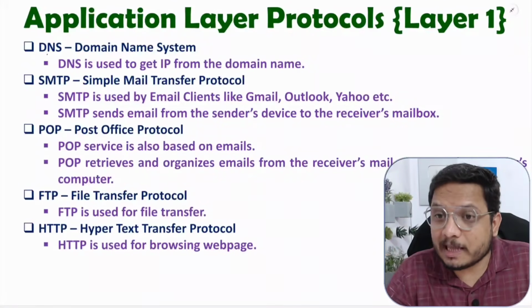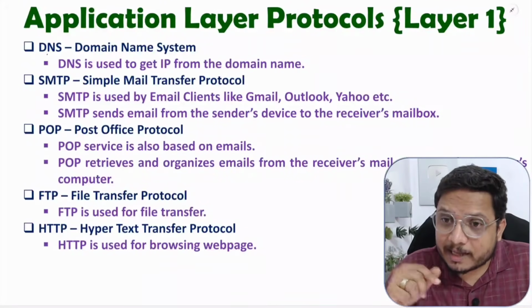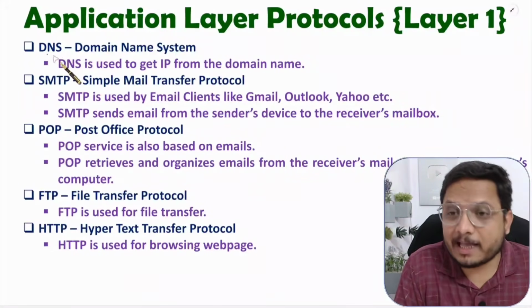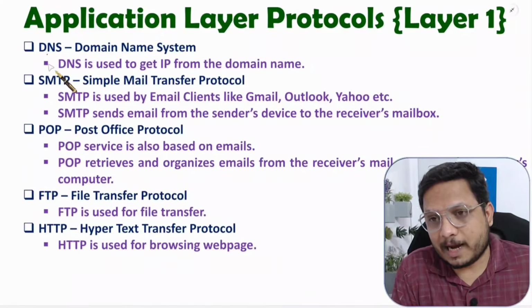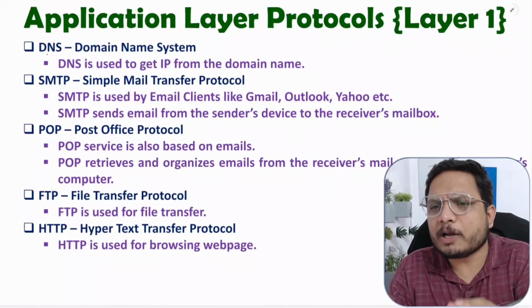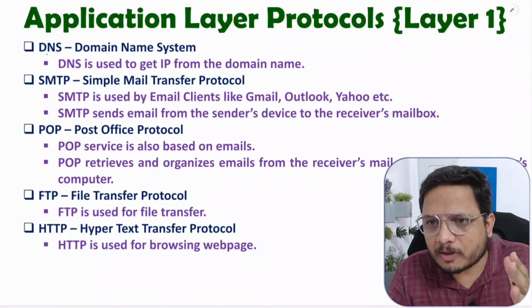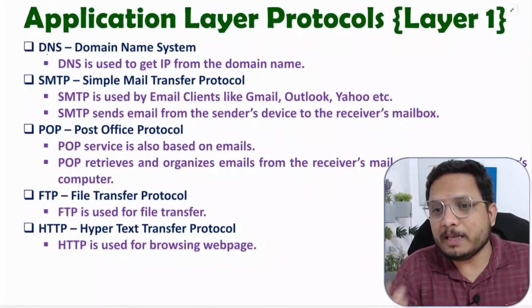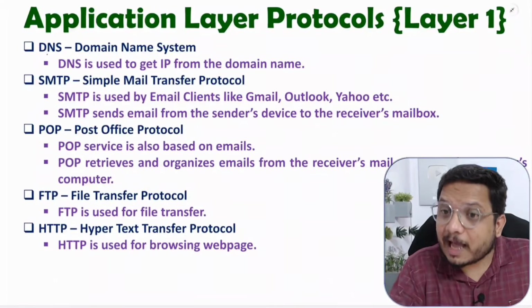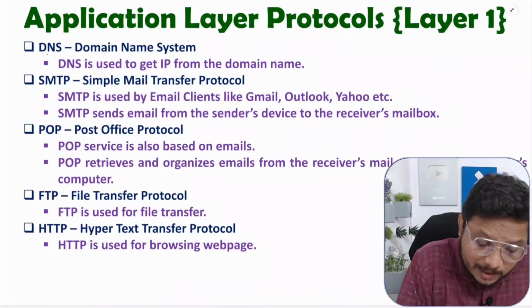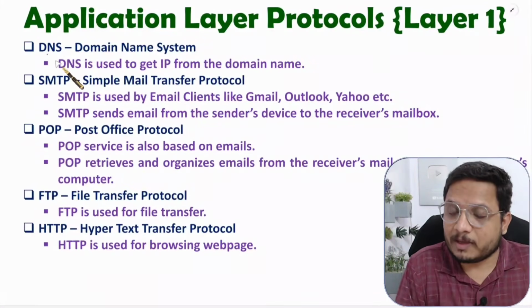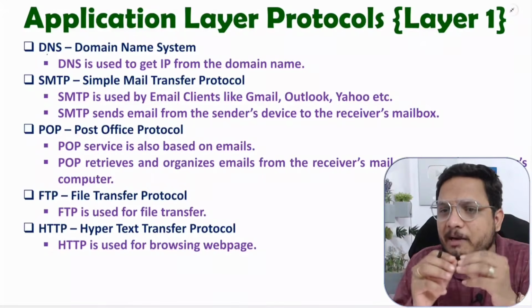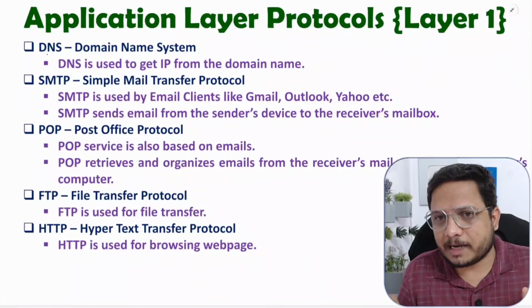So to get an IP address from a domain name, we use the DNS protocol, right? What is a domain name? Google.com, Yahoo.com. See, these are domain names. And from a domain name, we will get the IP address with the use of the DNS protocol. And once you have the IP address, you can communicate with that particular server, right?